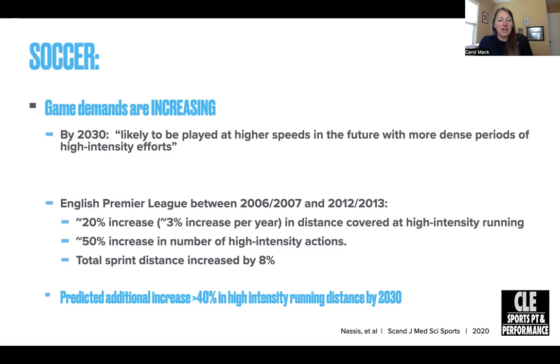There's a 50% increase, a huge increase, in the number of high intensity actions. These are accelerations, decelerations, quick bursts of speed, getting to the ball fast. And the prediction is that there's going to be another 40% increase by 2030. That's not that far away.